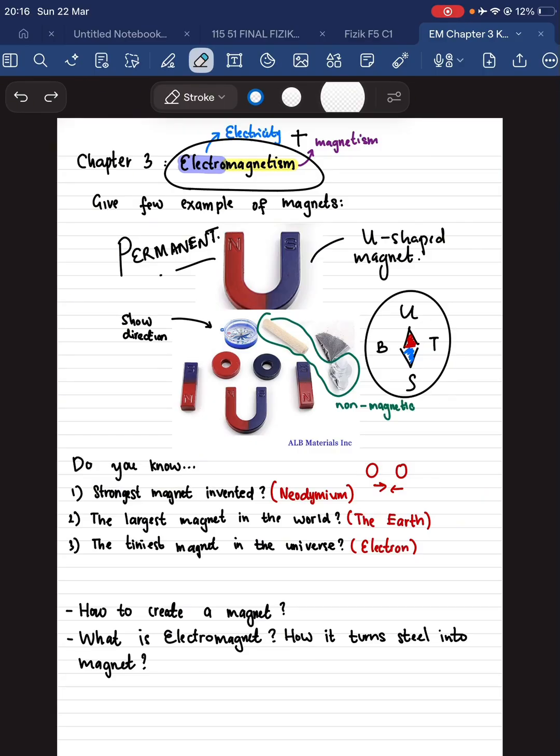How and why, right? And some more questions. One more question is, why can some objects behave magnetically but some don't, right? So it's intriguing when we think about why plastic, or even glass, cannot attract, let's say, iron or steel, right? So it's very interesting to find out.